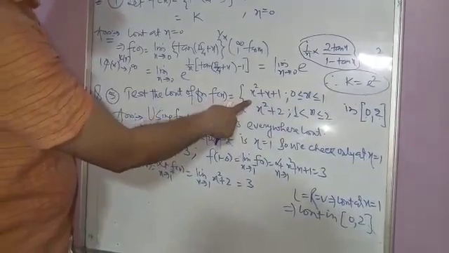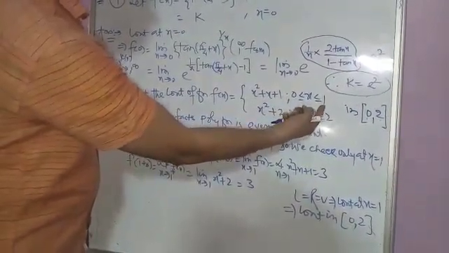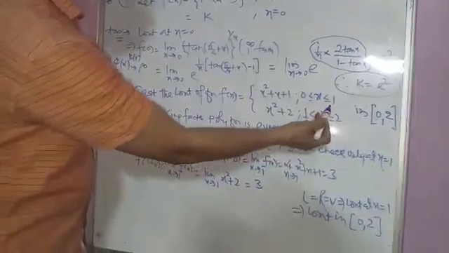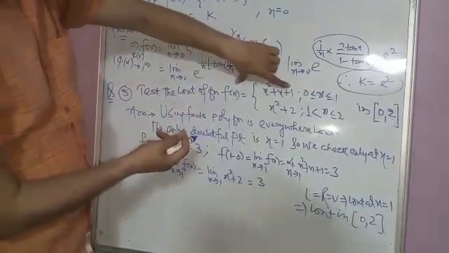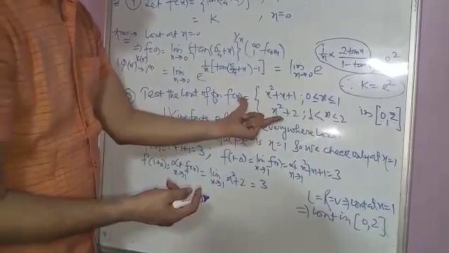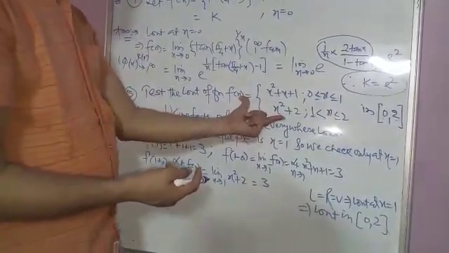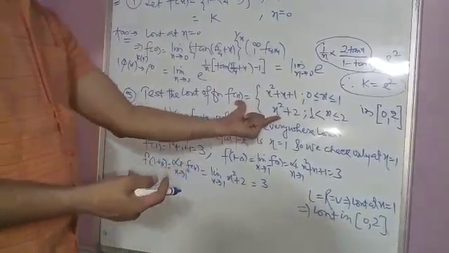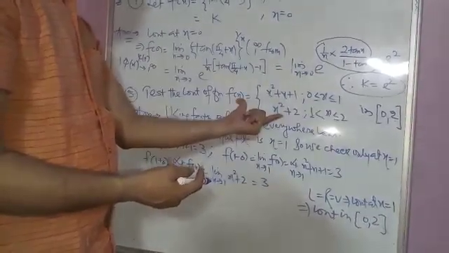So the only doubtful point is the change point 1, the point about which the definition of the function changes. For x less than or equal to 1, f(x) equals x square plus x plus 1, and for x greater than 1, x square plus 2. So the only change point is x equal to 1, where the function may or may not be continuous.